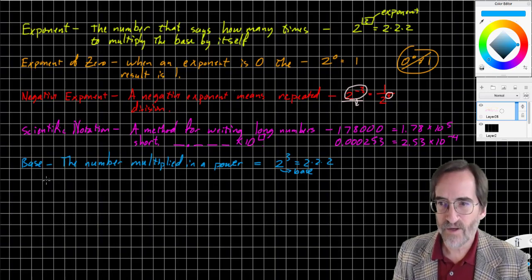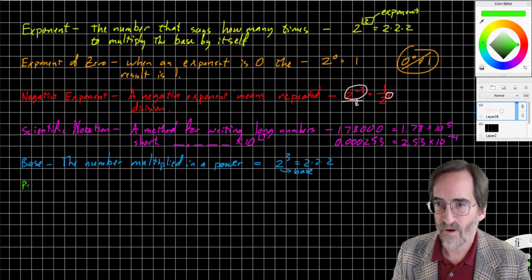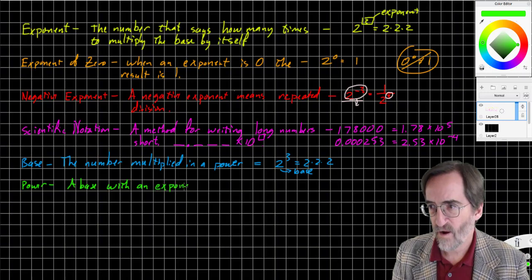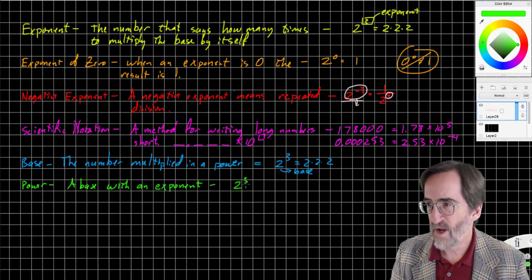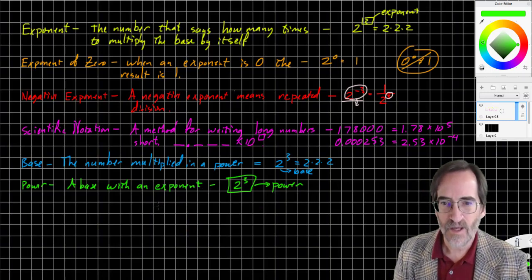Exponent we already defined. Power, I just used the word power, so we need to define it. A base with an exponent. So 2 to the third power, the whole expression is called the power. And scientific notation we already defined.